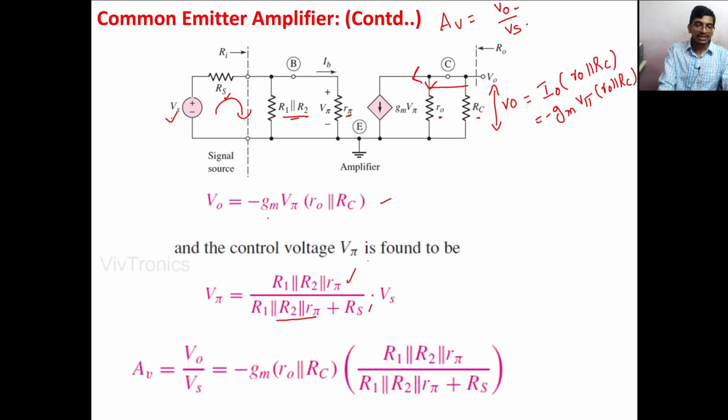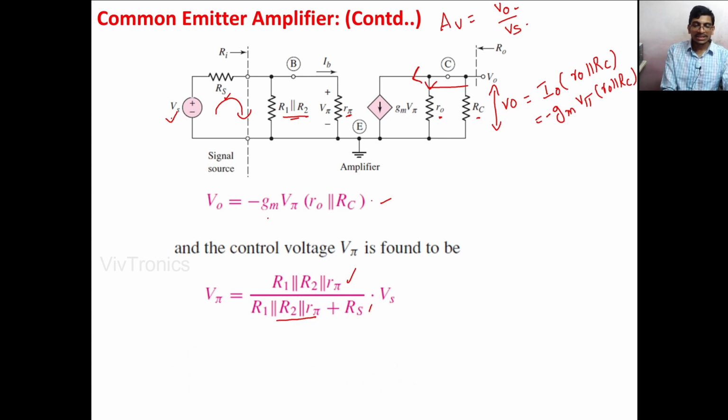From this equation we can write Vs is equal to V pi divided by this entire expression, R1 parallel R2 parallel small r pi divided by R1 parallel R2 parallel small r pi plus Rs.